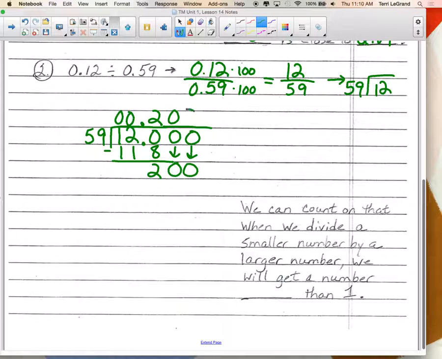Let's try 3. Sometimes you might just find out that you got a number bigger than 200 when you multiply. You got a number that means you should have taken fewer out. So anybody know what 3 times 59 is? 177.